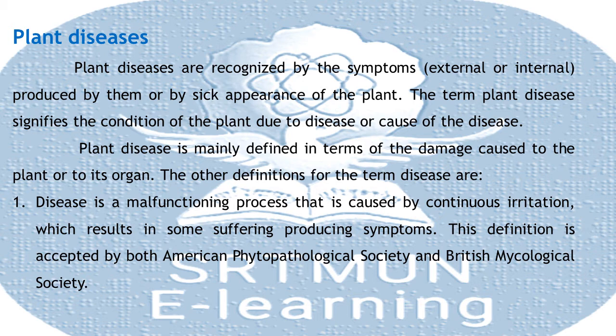Plant disease is mainly defined in terms of the damage caused to the plant or to its organ. The other definitions for the term disease are: now, disease is a malfunctioning process that is caused by continuous irritation which results in some suffering producing symptoms.